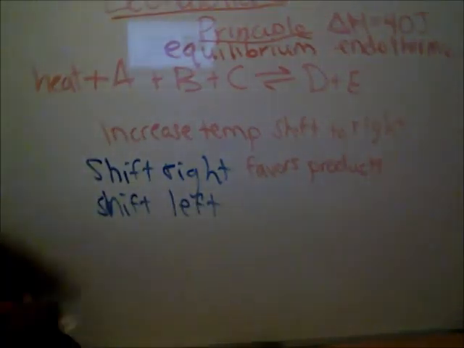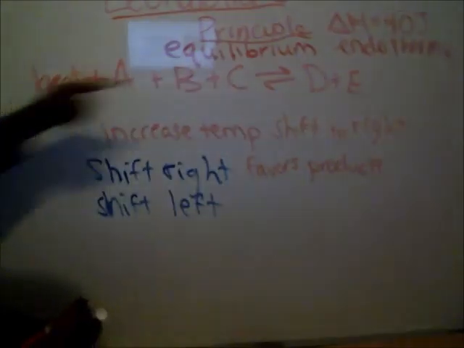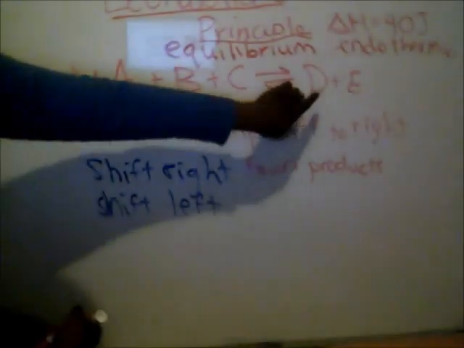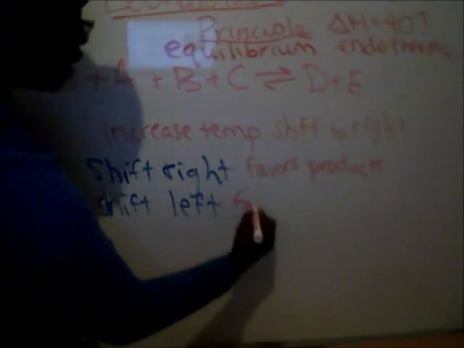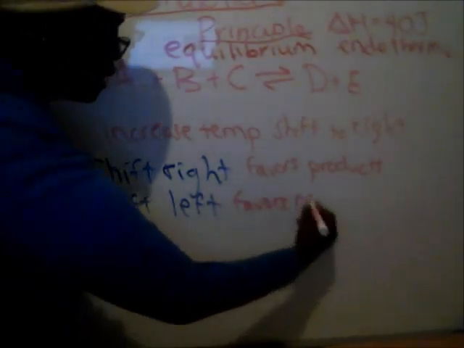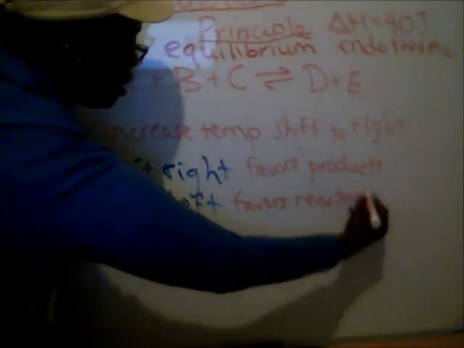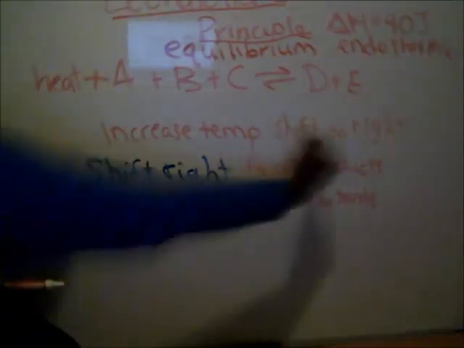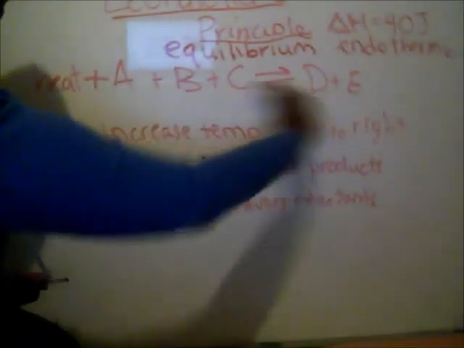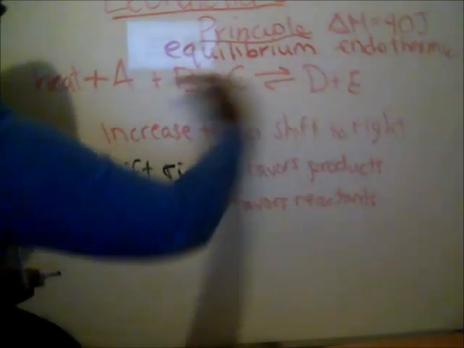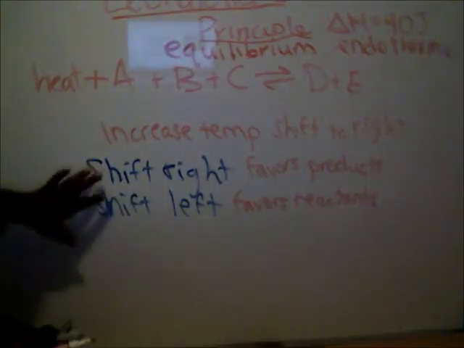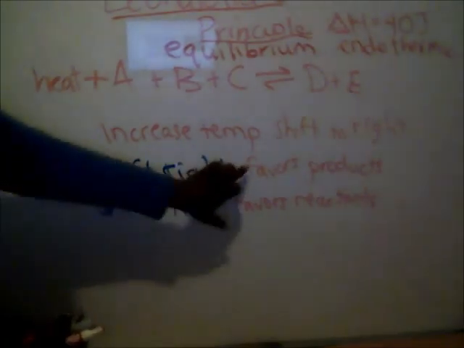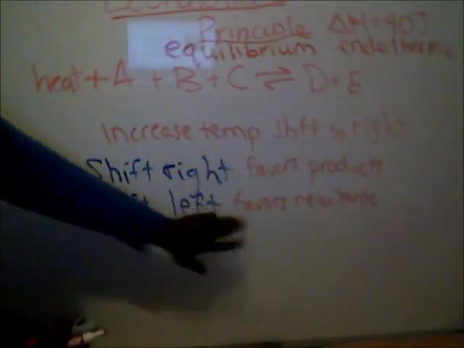So if we're shifting to the right, meaning we're going to spend our time going towards the right, we're going to make more products, so we're favoring the products. If we're shifting to the left, that's favoring the reactants. So if we're shifting to the left, we're spending more time having those products break down to make reactants, so we're favoring the reactants. So you may see shift right, shift left, but you may also see favor products, favor reactants on your test.